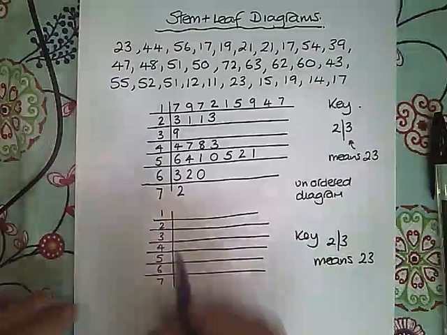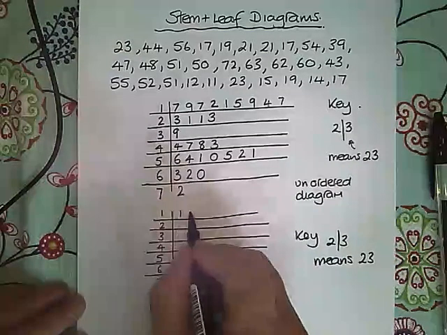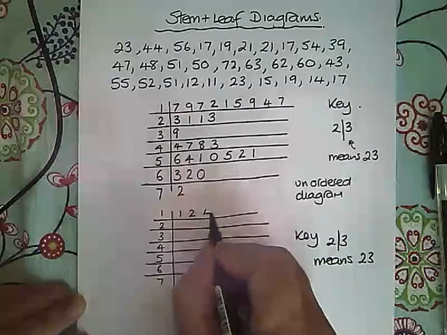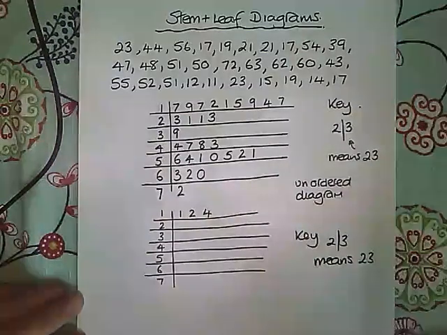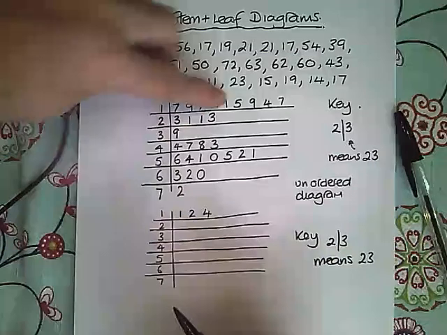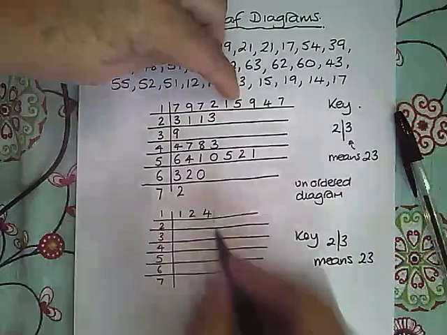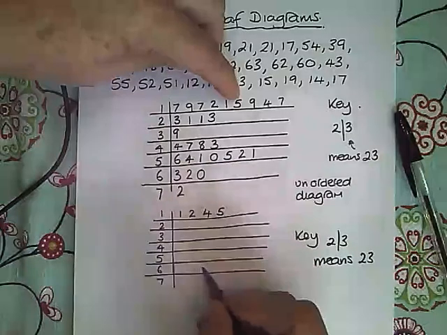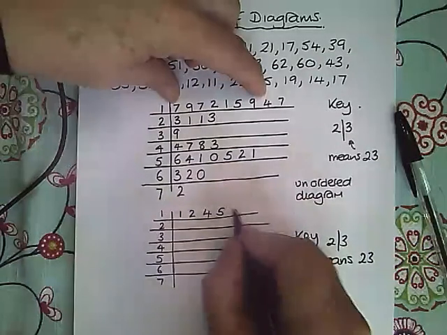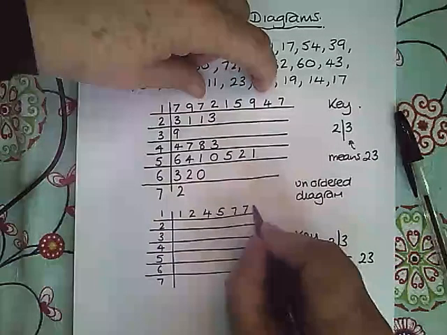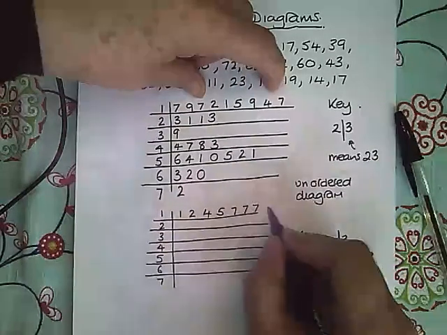So we've got a 1, a 2, a 4. You could cross them off if you were doing this in a test. So a 1, a 2, a 4, a 5, 6, 7s, 3 7s actually, and then 2 9s.